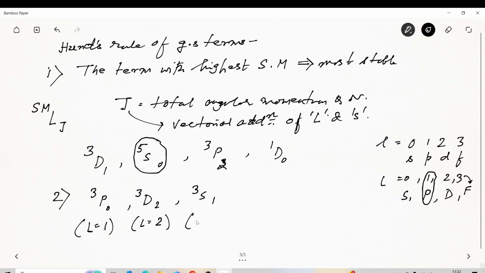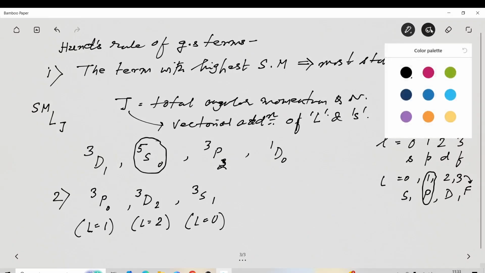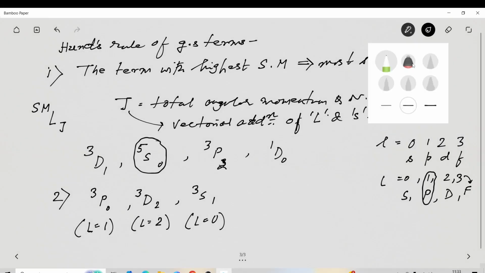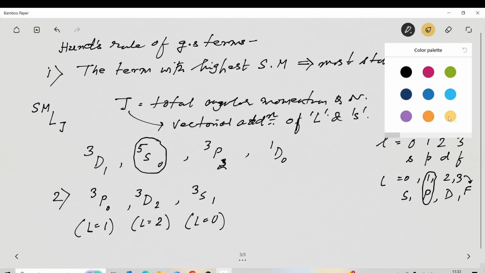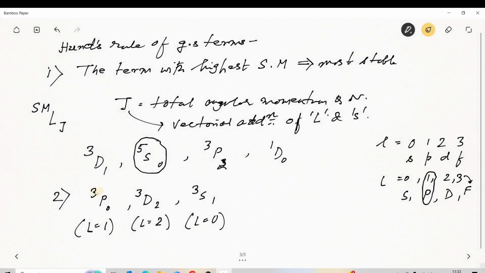And for S, the value of capital L equals 0. ঠিক আছে? এবারে বলছে যে the terms having the same values of spin multiplicity, we have to consider the capital L values.